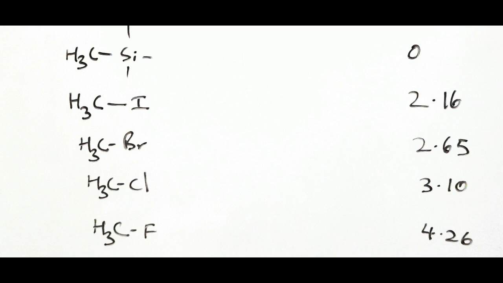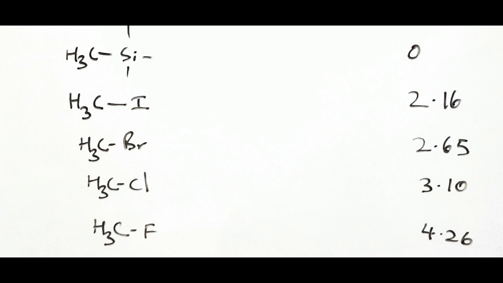Since the electronegativity increases from iodine to fluorine, the chemical shift value also increases from iodine to fluorine if they are found as a substituent in an organic compound. I have taken one example, methyl substituted halides. The chemical shift value of methyl fluoride will be the maximum. It is 4.26, and methyl iodide will be the lowest. The value is 2.16. The reason is the electronegativity difference.